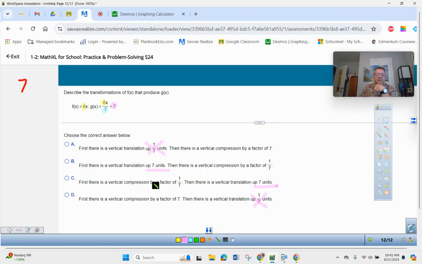This is a vertical compression by a factor of 1/7, and then a vertical translation up 7 units. Well, that's very interesting. They'll say the exact same things in a different order. Well, since the 1/7 comes first, we're going to go with this one. Let's see what happens because it's really the same thing.